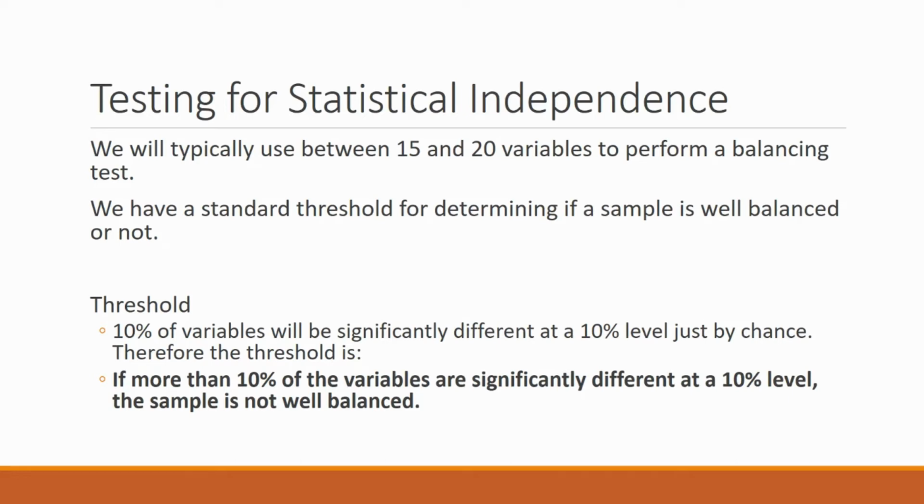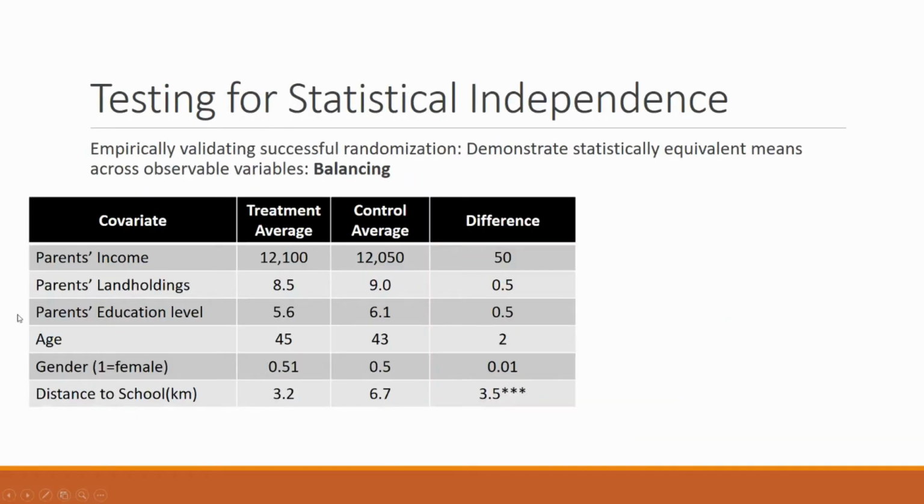Or we could say if more than 10% of the variables are significant at the 10% level, that would be evidence against statistical independence. Here's a really quick and easy way to think about it. Let's say you do a balancing test and produce your balancing table like this, where you have the treatment averages and the control averages, and then the differences.